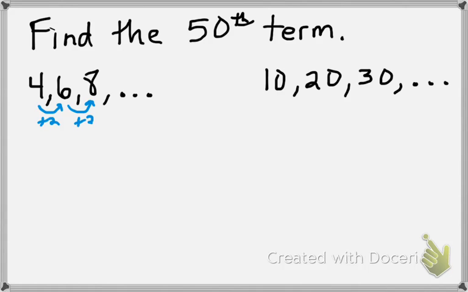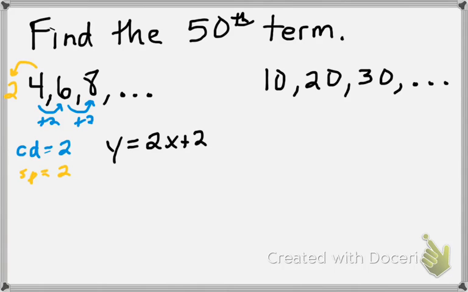Always start with the common difference. Common difference is 2. Then look back for the starting point. It's also 2. So my equation is y equals 2x plus 2.